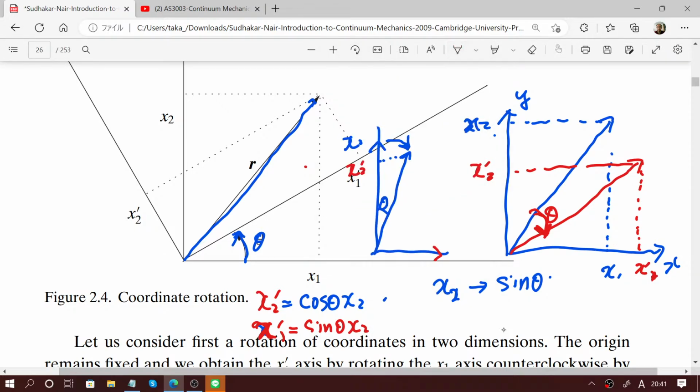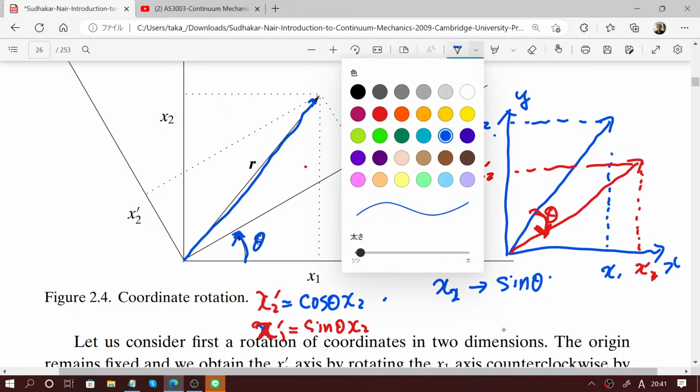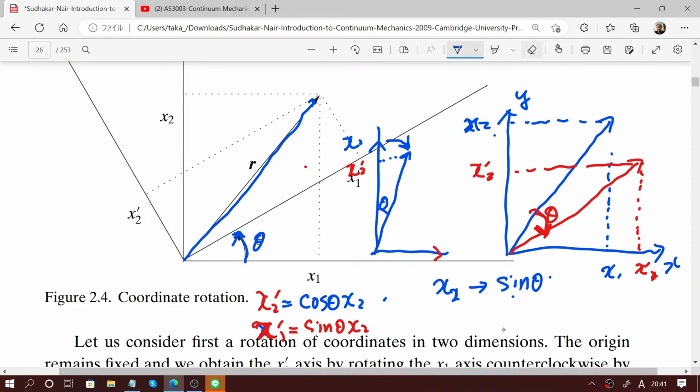Let me just use blue color. So this rotates by theta this way.